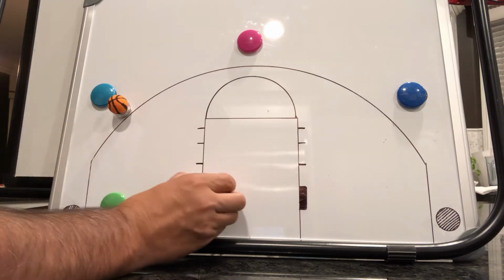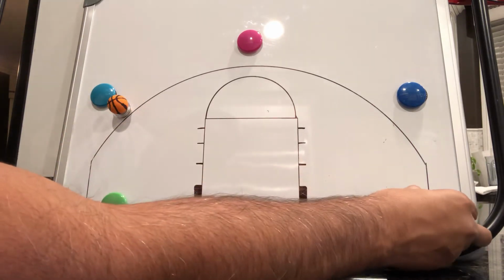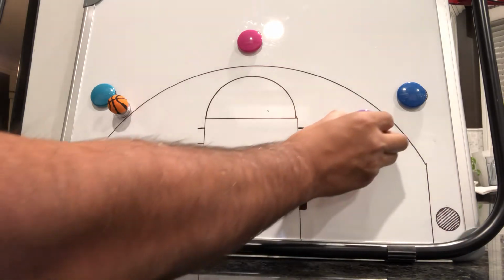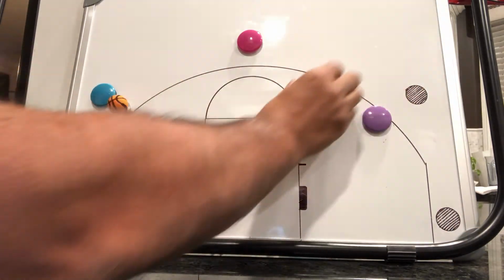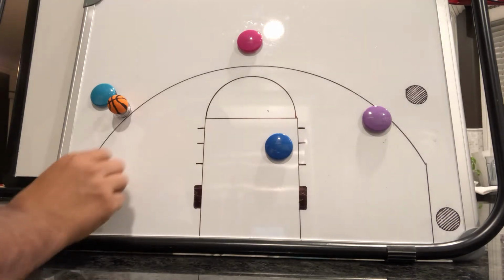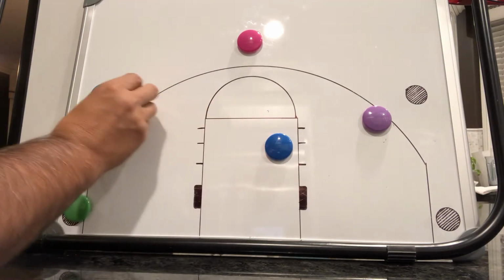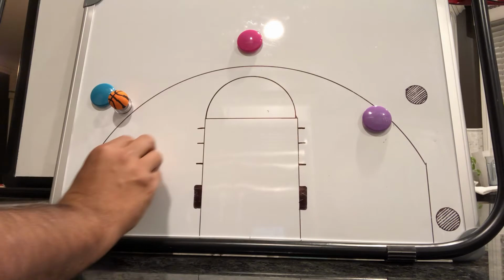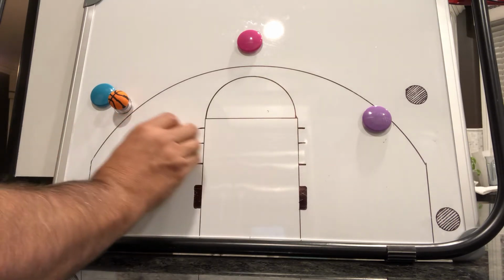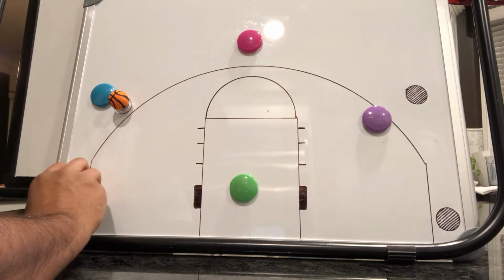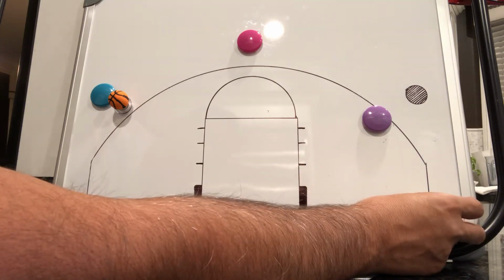If he's not, you can go pick this spot, you can go up and screen for this guy, and he comes around, he's already replaced that. If he's open, feed him. If not, he can come and screen for this guy. And so we're just getting a lot of movement in that sense.